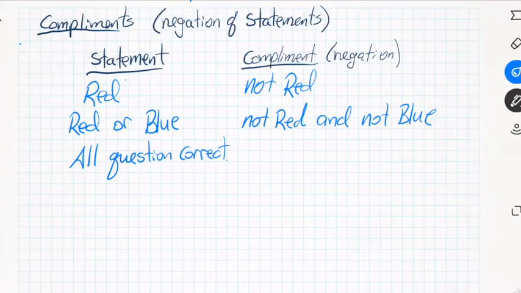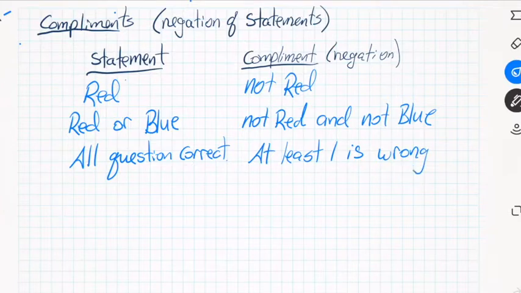That's not going to be its complement. So its complement is going to be at least one is wrong. So if you didn't get 100 on the test, you got something else. So if you get at least one wrong, then you're not being perfect, but it doesn't tell you much else other than it could be any score below 100.